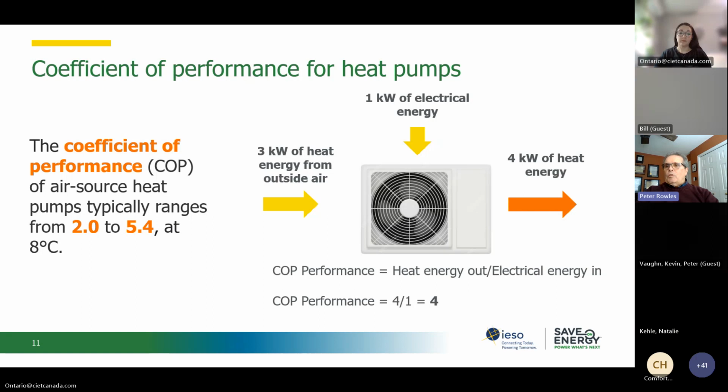What you're seeing here is a basic thermodynamic principle of conservation of energy, meaning that you put 4 units in, you should get 4 units out, except you may have some minor losses, but that's a general principle: you have an energy balance. So in this case, the overall COP of this system would be 4 divided by 1, which is 4.